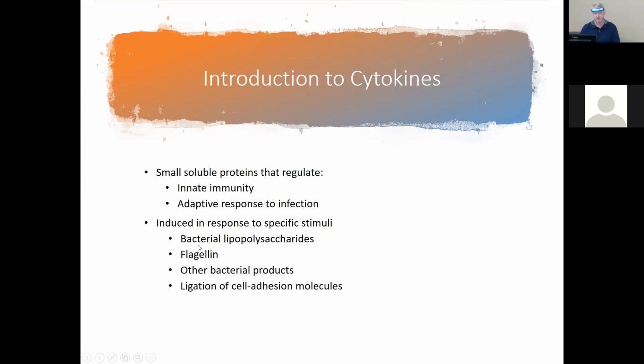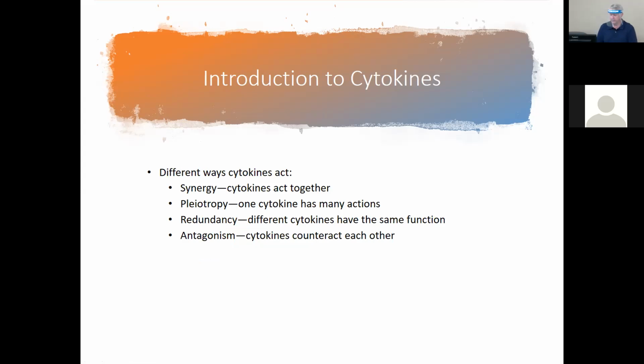So the bacteria bring about the cytokines. Flagellum, the parts of the bacteria for movement, bring about the cytokines. Other bacterial products, their toxins that they produce, bring about the cytokines.